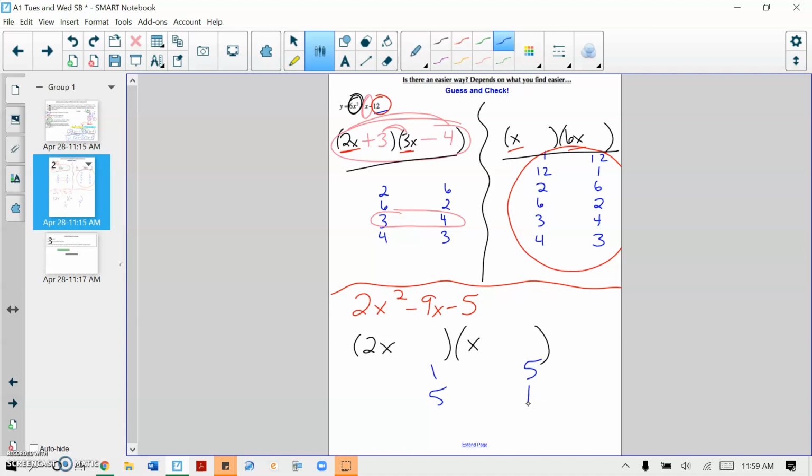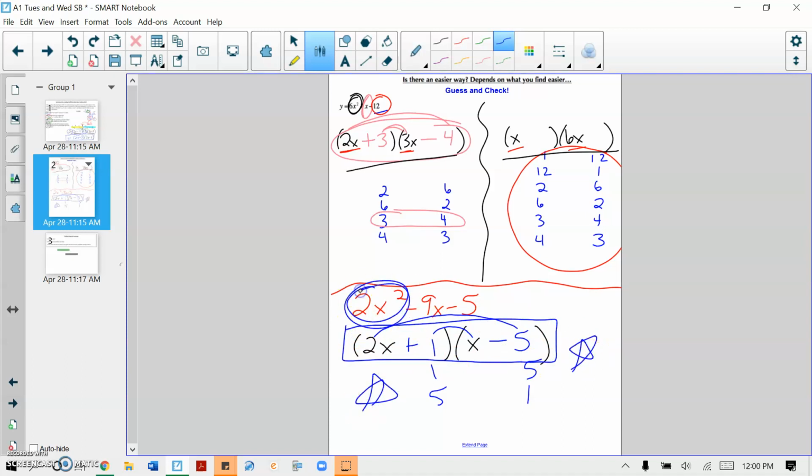So in this case, if I put the 5 right here, the 2x and the 5 will give me 10, and this will give me 1. And when I think of 10 and 1, I think, okay, I could get that negative 9 in the middle if I make the 10 negative and the 1 positive. So guess and check actually is faster if this guy is easier to figure out what the combinations are.